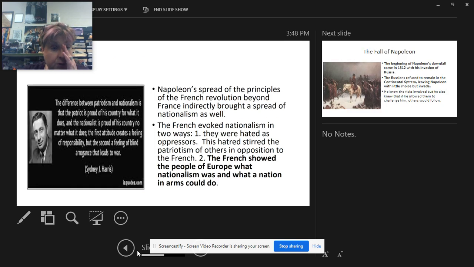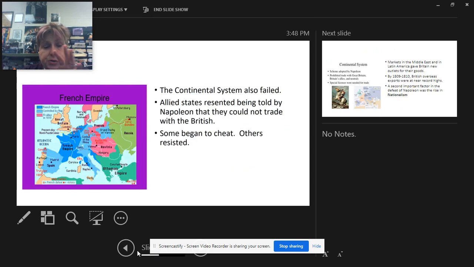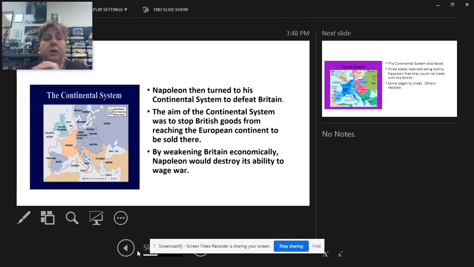So on the last one, I kind of got interrupted a little bit, so I'm going to go back and just make sure that we understand that Napoleon was trying to defeat Britain. He couldn't defeat them by war, so he was going to try to defeat them economically, and this was the continental system. Basically, Britain could not trade with any of these countries that he had defeated, which were Prussia, Austria, and Russia.